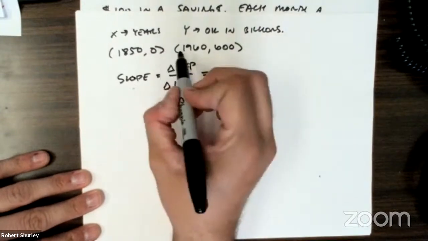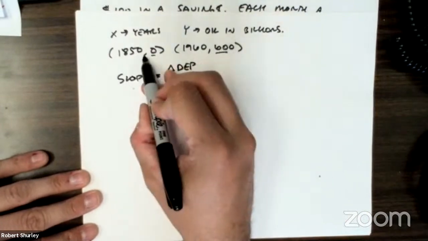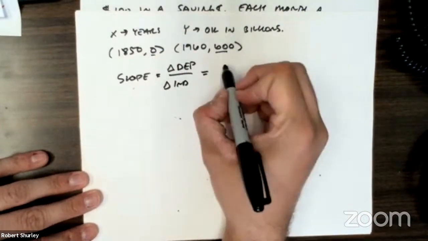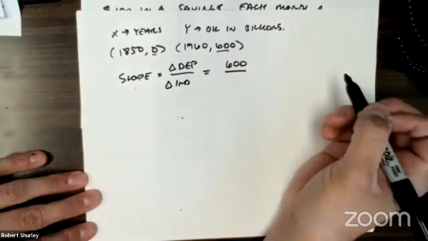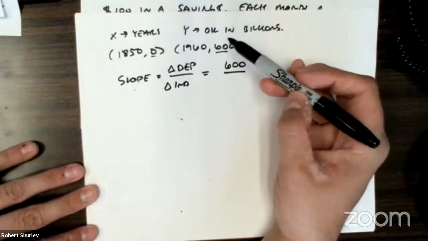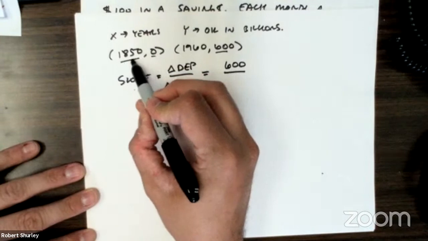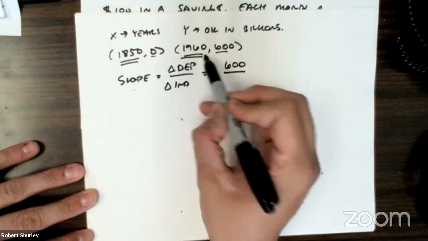So let's look at the dependent. The dependent value is the y value. We've gone from 0 to 600, so we've increased 600 billion crude oil barrels or whatever it was. And then in time, the independent variable, we've gone from 1850 to 1960.